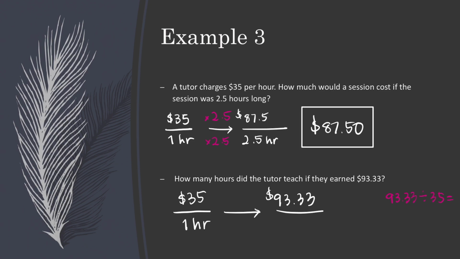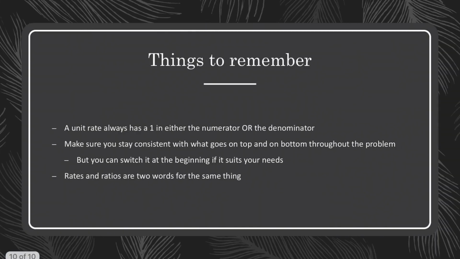So 93.33 divided by 35 is 2.667. So I'll just do 2.67 and that's fine. And that makes it 2.67 hours right there. So that would be my answer. So if you don't know the answer, you can always just do that number divided by that number, and that will get you what you need to know.